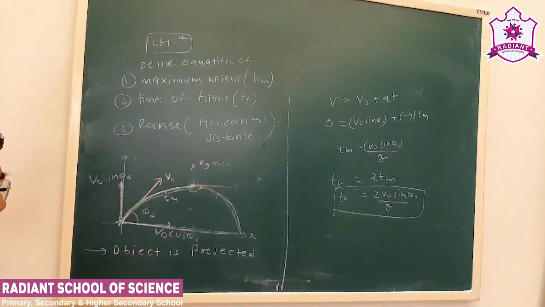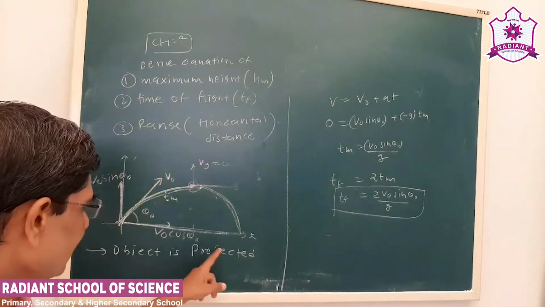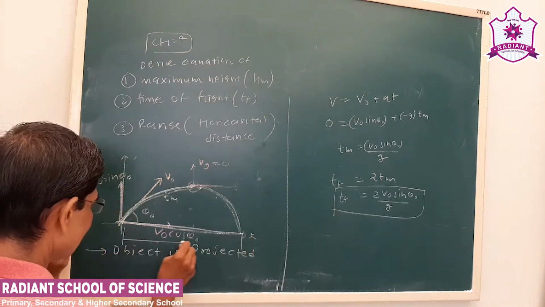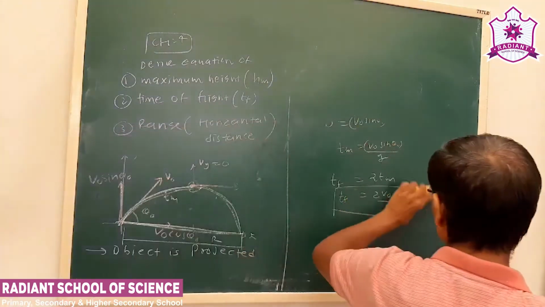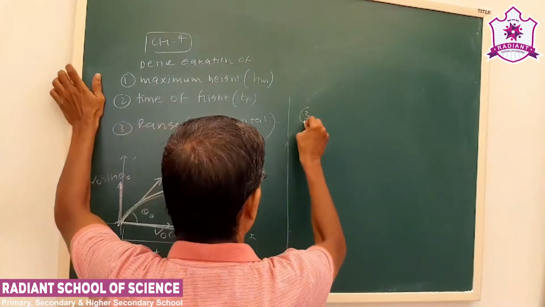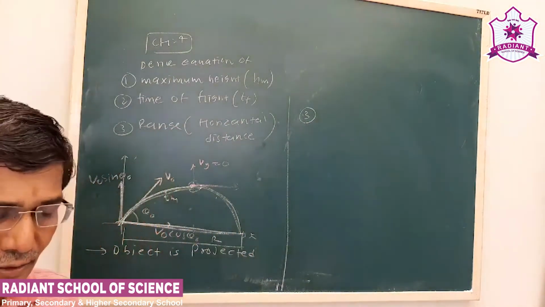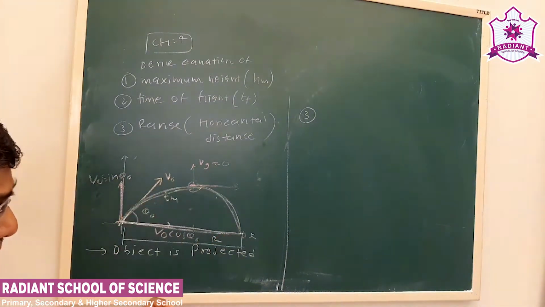Now next we have to derive the equation for range. Range is nothing but the horizontal distance covered. Now this distance we call R. Here we have discussed that in x direction it moves with a constant velocity, that is v0 cos theta0, and the total time is Tf, which we have obtained just now.